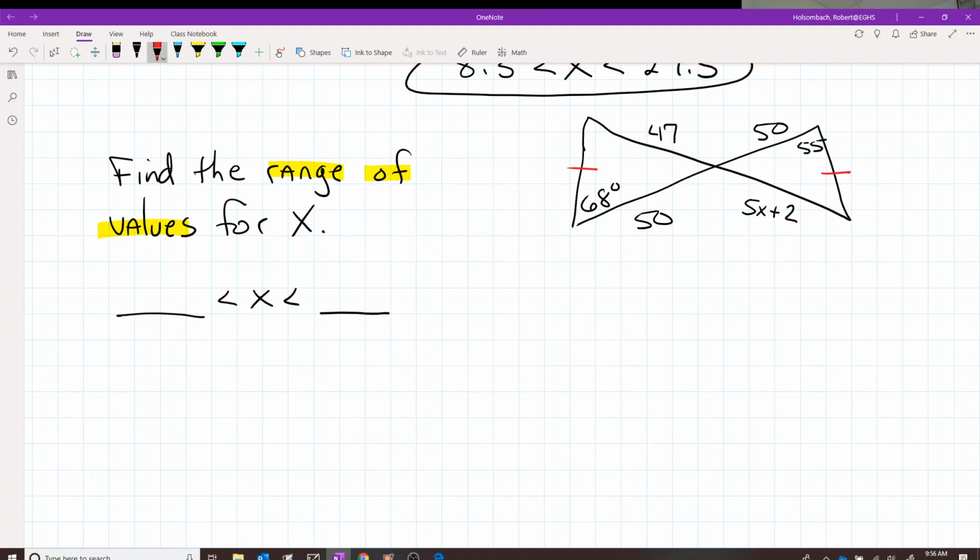So over here in this diagram, you've got a congruent side on the left, a congruent side on the right. Now, these two side lengths that are 50, those are congruent to each other. So two sides of one triangle congruent to two sides of another triangle. This 68 degree angle is across from a 47, and the 55 is across from a 5x plus 2.